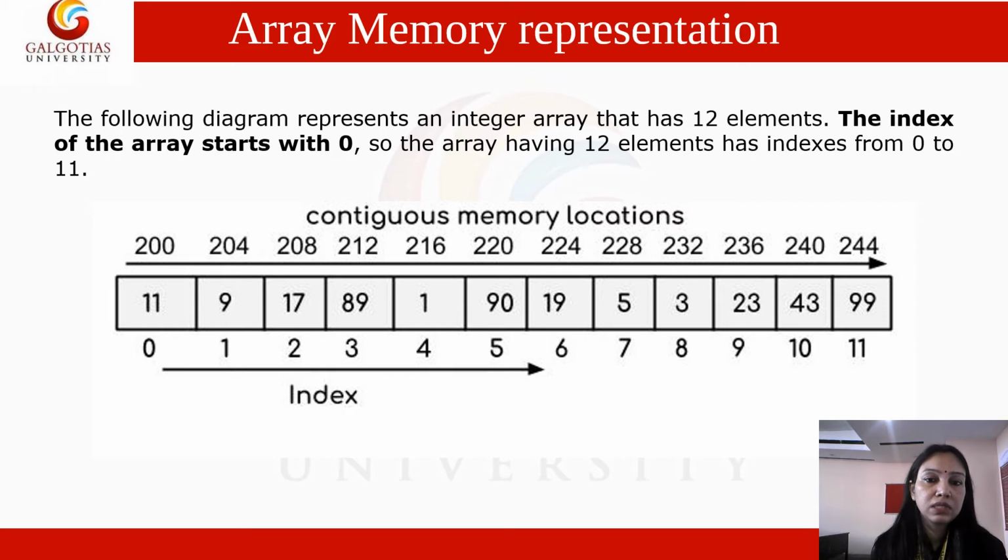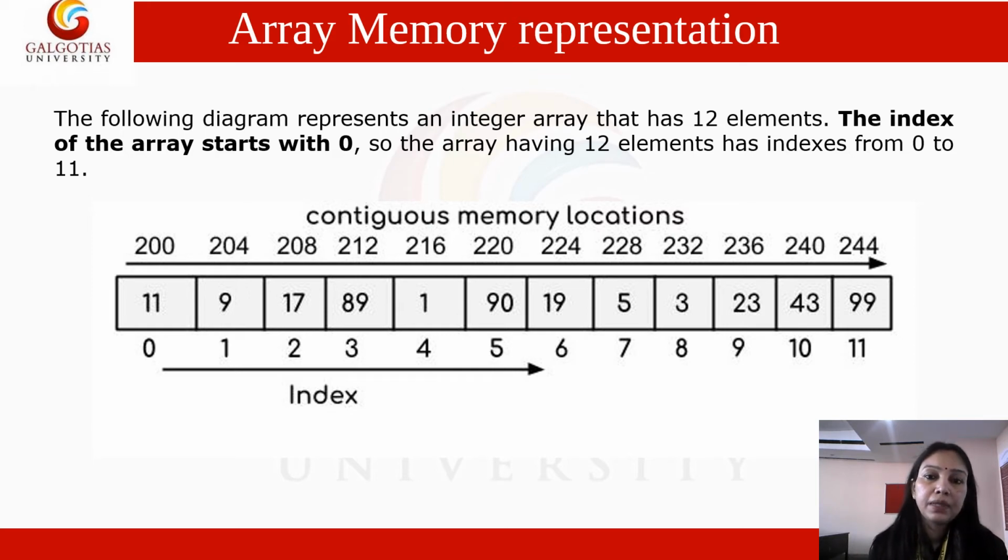What does this mean? Contiguous means after one element ends, the second will be at the next location. How? See, in this picture we have stored 12 elements, right? And all the 12 elements are of integer type, right?